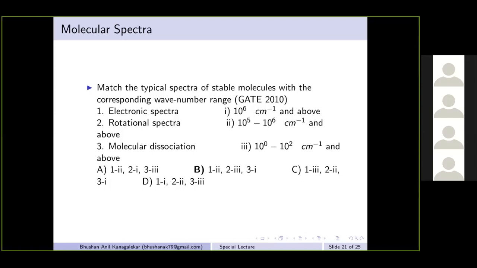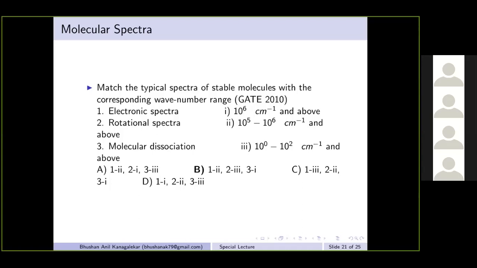So arrange in terms of energy, and wave number are synonymous. So arrange in increasing order of energy, same in terms of wave number, same sequence will be there. Rotational spectra, lowest wave number, vibrational spectra, more wave number than that. Then here we don't have electronic spectra, more wave number than that, and molecular dissociation, more wave number than that.